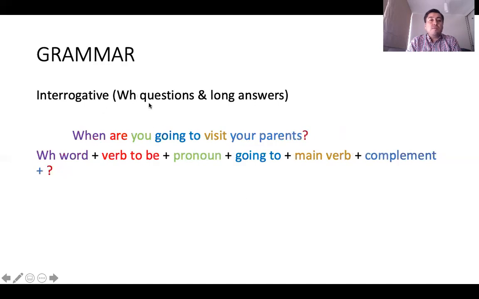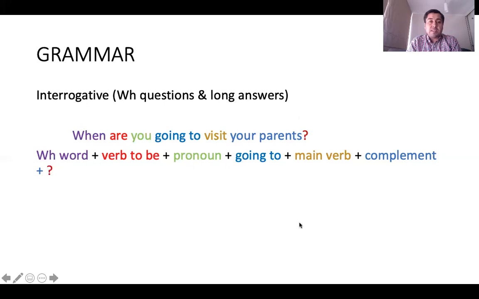Then we have WH questions and long answers. WH questions are these words, which you all know, which are what, who, which, why, etc. After that, you use the verb to be, then the pronoun, then going to, then the main verb, and the complement, and of course the question mark at the end.